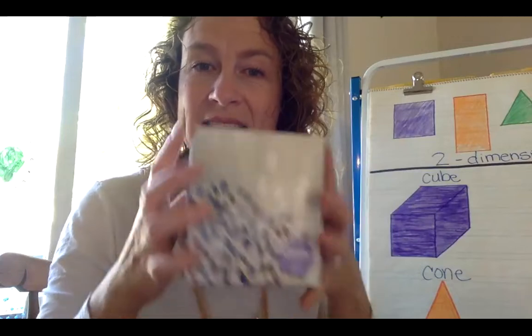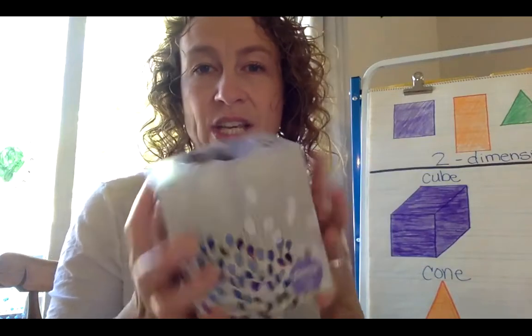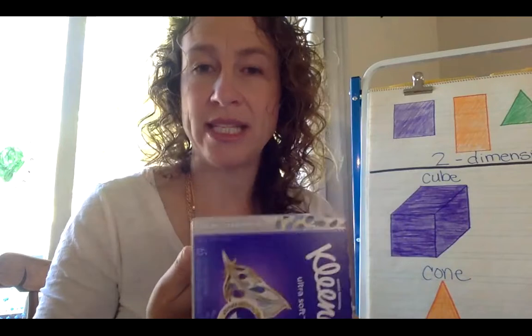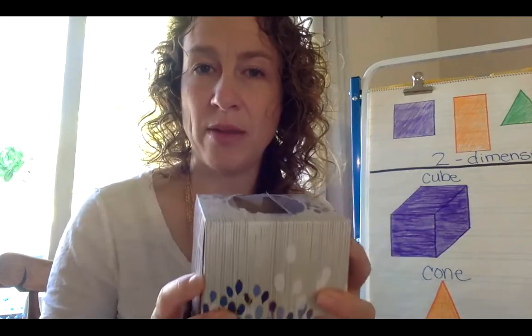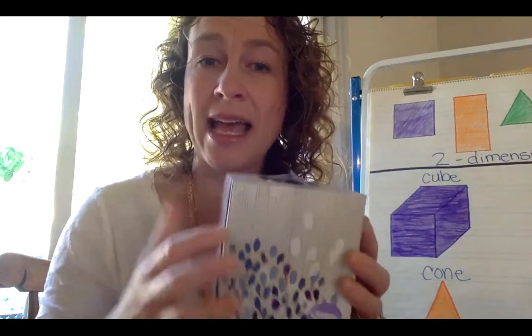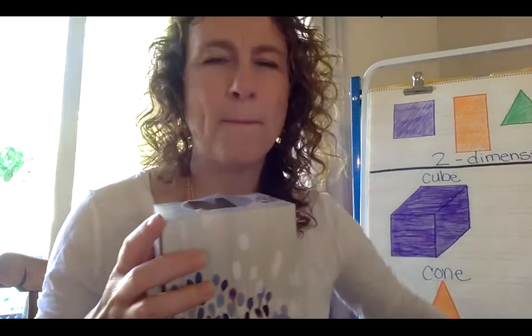But it's a solid shape. It's not flat. This is a cube. A cube is a solid shape. It's a three-dimensional shape, and it has squares on it, but it's not flat like this one. So there's some things that are the same, but some things that are different, and that's how we compare.